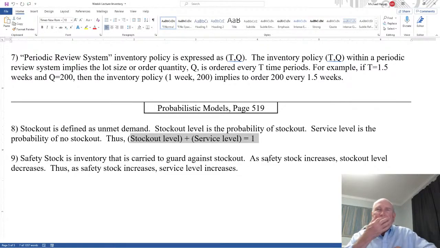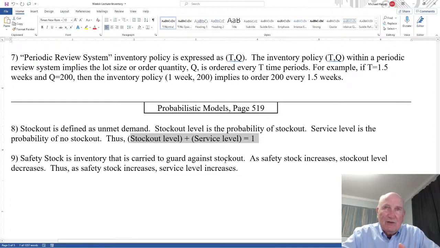Now, suppose you had a very high stockout level of 50% or 60% or 90%. The probability of not satisfying your customer is high, so you have a very low service level. Remember, cost is one objective.